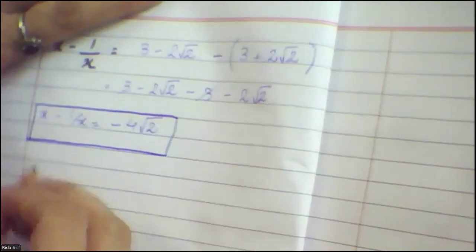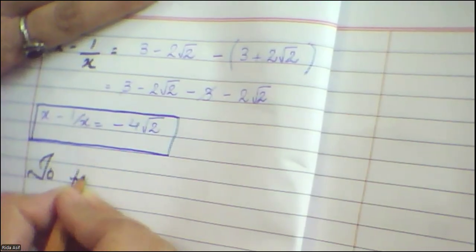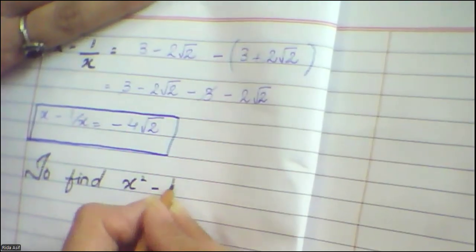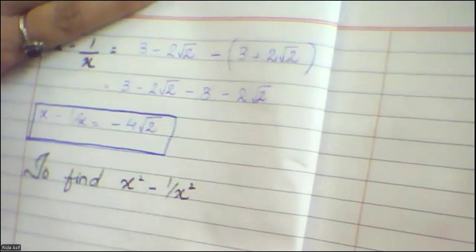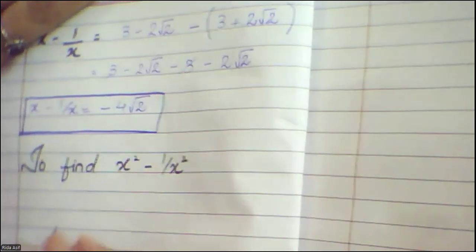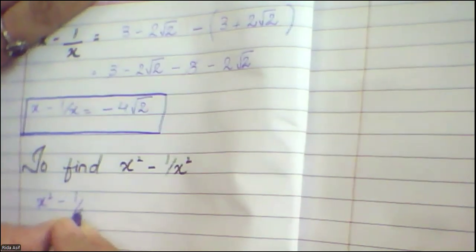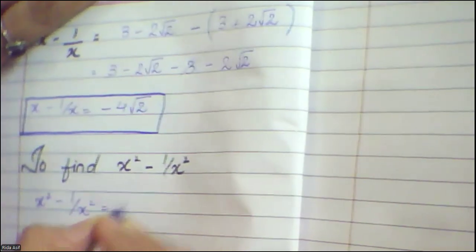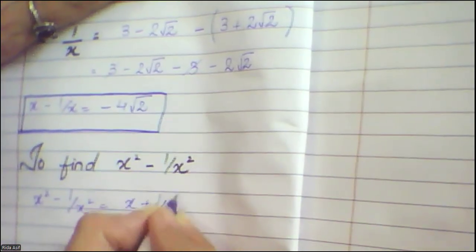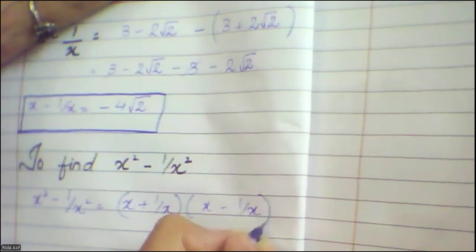Now, students, to find x square minus 1 over x square, what do we have to do? To find x square minus 1 over x square, we have to use the formula x plus 1 upon x times x minus 1 upon x.